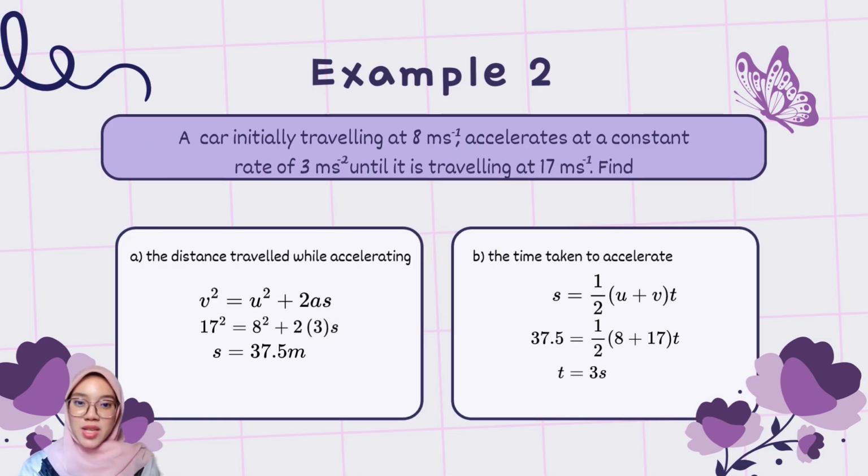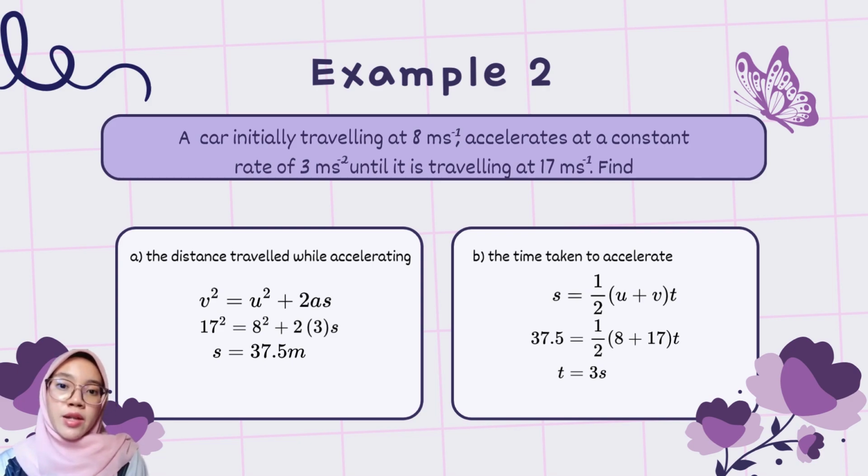Now we move to the second example, which is a car initially traveling at 8 meters per second and then accelerating at a constant rate of 3 meters per second squared until it is traveling at 17 meters per second. Find A, the distance traveled while accelerating, and B, the time taken to accelerate.